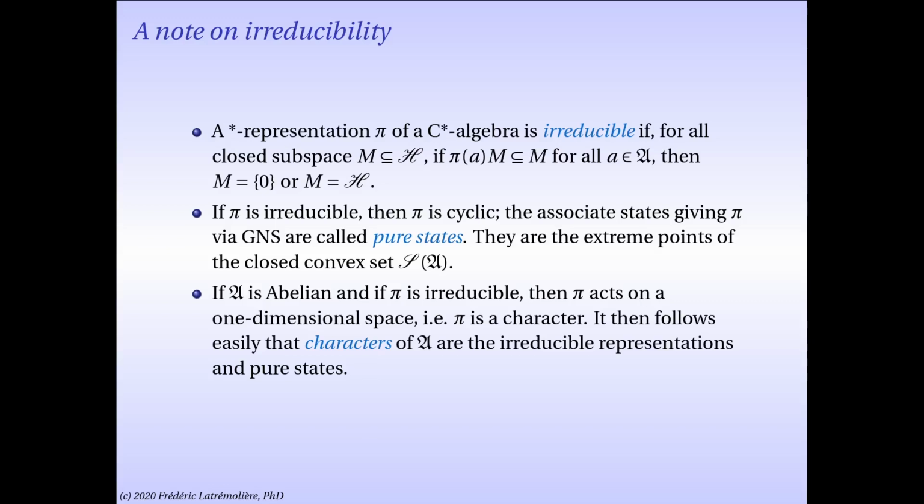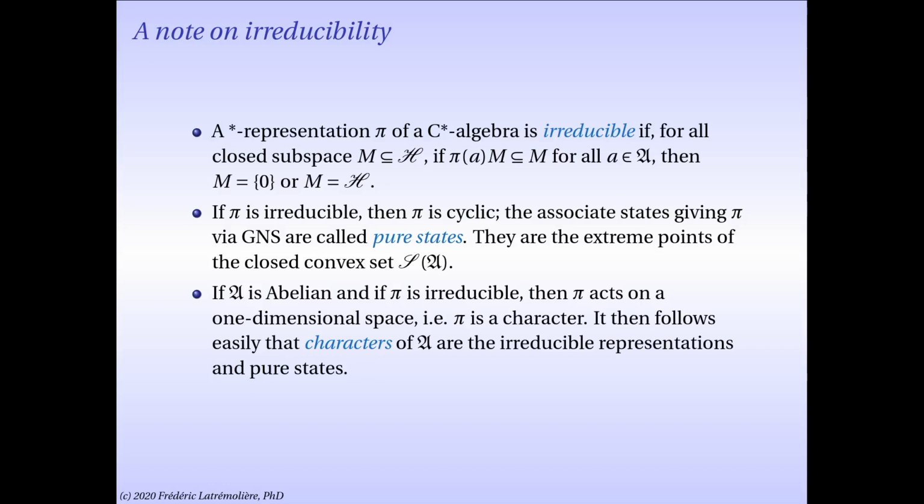They must be one-dimensional. It's very easy to check, and therefore they're the characters. So irreducible representations could be seen as a generalization of the characters, or alternatively, pure states could be seen as a generalization of characters. Those are certainly points of view that have been adopted in the literature occasionally, but arguably they are not particularly helpful, I would argue.